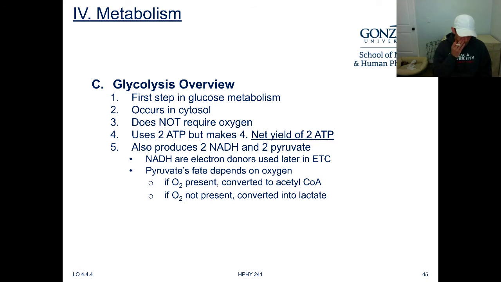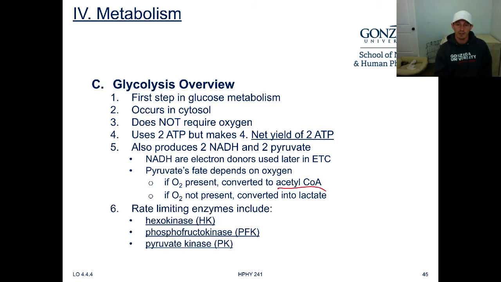So, a summary here. At the end of glycolysis, 1 molecule of glucose yields 2 net ATPs, 2 NADHs, and 2 pyruvates. The NADHs will be used later at the end in the electron transport chain, and pyruvate is the intermediate. If oxygen is present in sufficient amounts, that pyruvate gets converted into acetyl-CoA, and the citric acid cycle begins. If oxygen is not present, then that pyruvate gets converted into a substance called lactate.